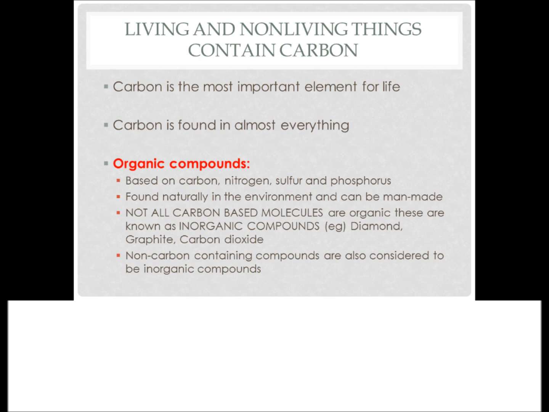However, as there are always exceptions in biology, there's also an exception for this. Not all carbon-based molecules are organic, and all you need to know for this grade level is that diamond and graphite and carbon dioxide, those are the three compounds that do contain carbon. However, they're known as inorganic compounds.